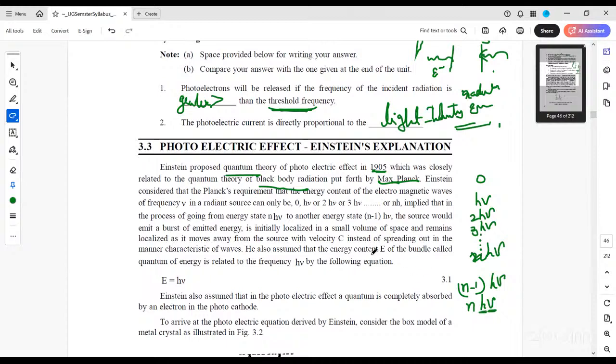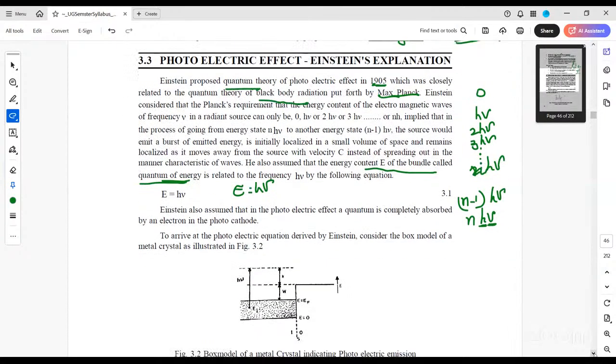This bundle of energy is called quantum energy. Whatever energy bundle we are referring to is called quantum energy, and we have the energy formula E equal to h nu.